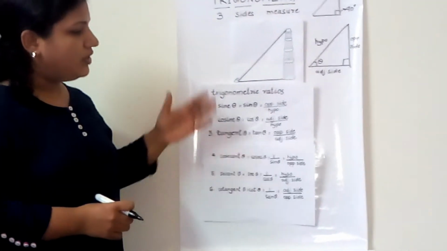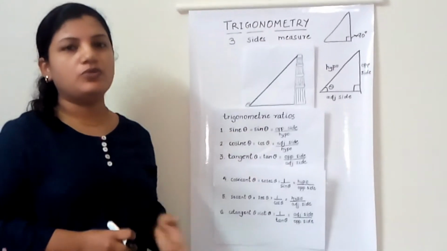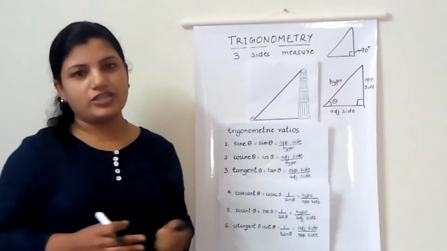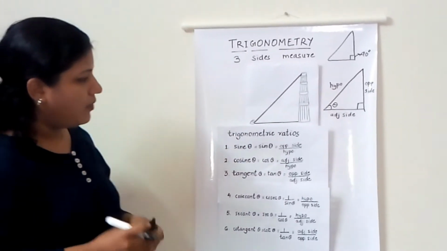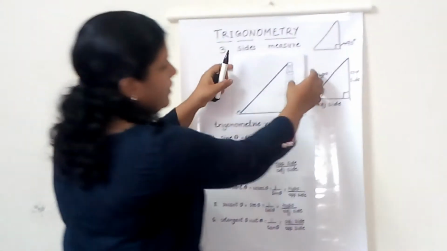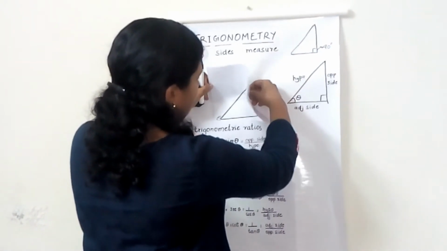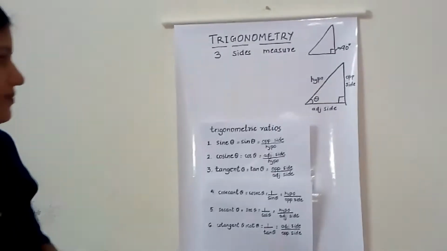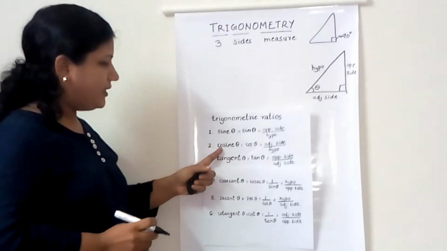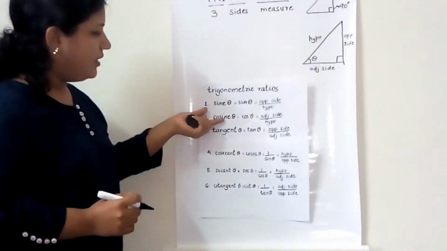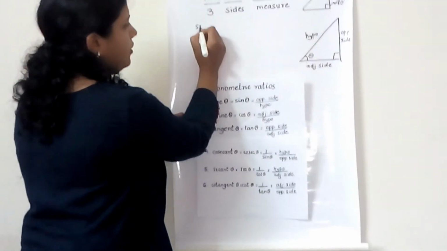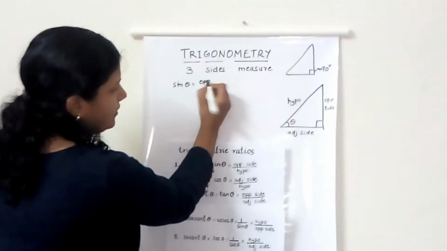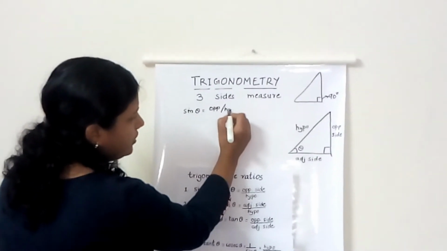So these are the ratios which help you to find different sides, different parts of the right triangle. Now we can consider the first two ratios that we learned. We learned the sine theta and the cosine theta. Let's write a mathematical thing over here. I know that sine theta is opposite side by hypotenuse.